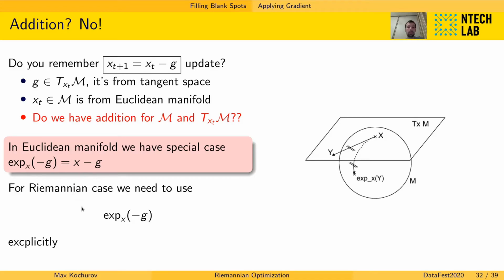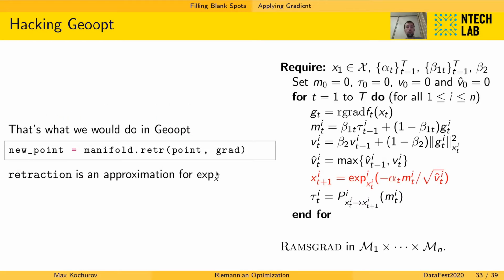For the Riemannian case, we need an expression of the exponential map from x towards minus g explicitly, or at least some approximation of it, and it is called retraction. So if we're using geoopt and want to implement an update in the optimizer, we can use one of the implementations for the manifold for the exponential map.